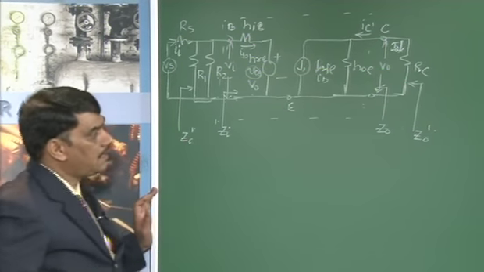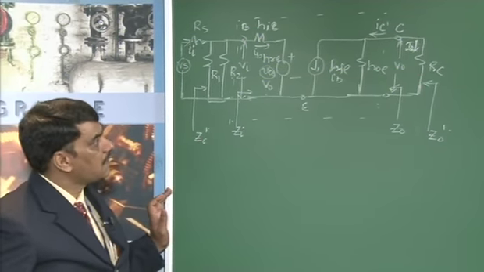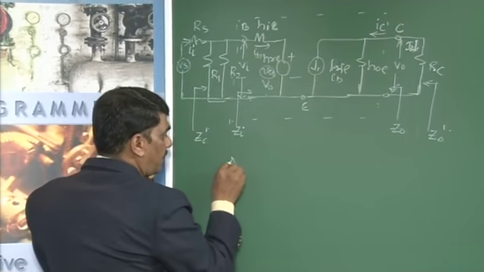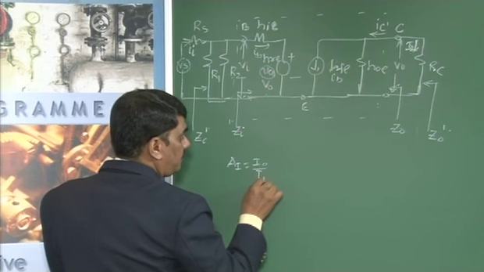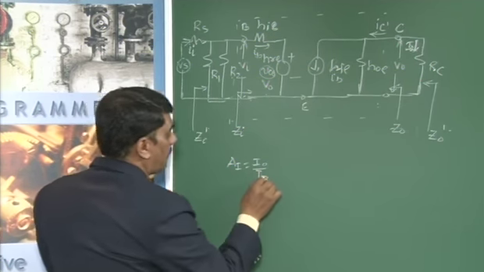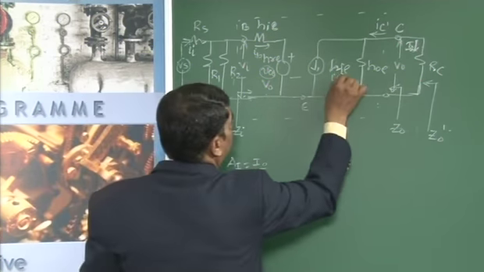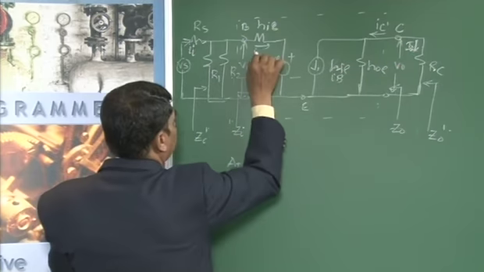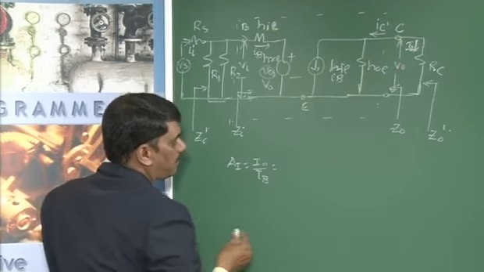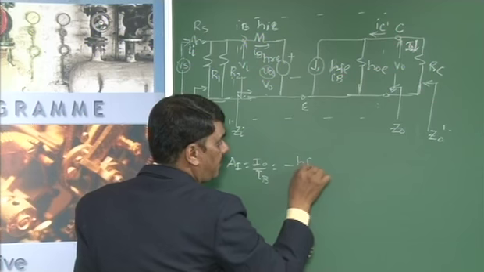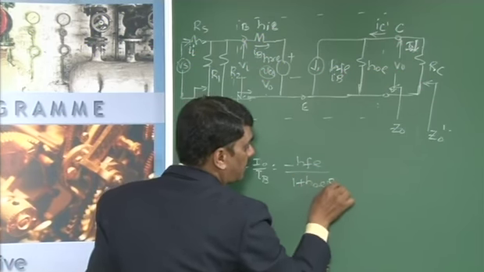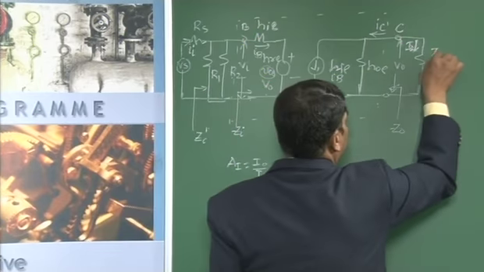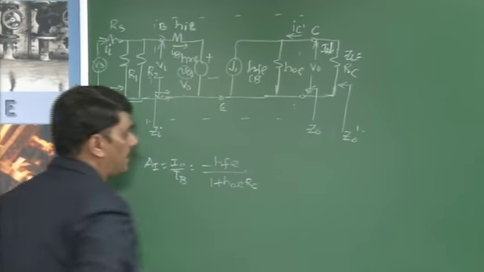For the various current gains and input impedance, we need to determine the current gain AI equal to I0 by IB. Already we know the formula for this: AI equals minus HFE divided by 1 plus HOE into RC, where ZL is equal to RC in this case.